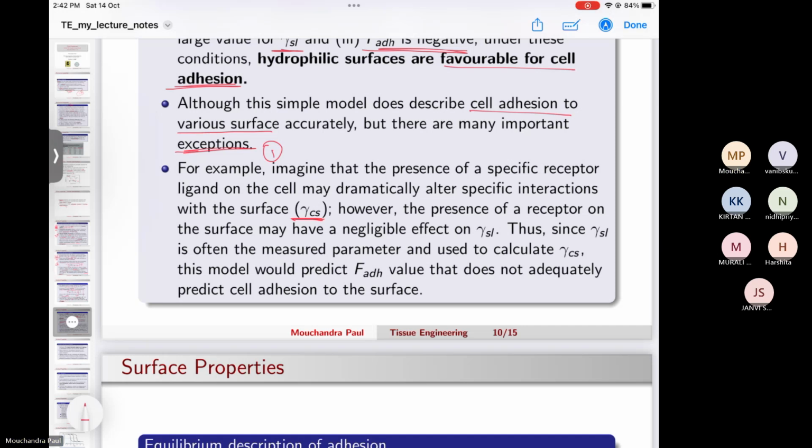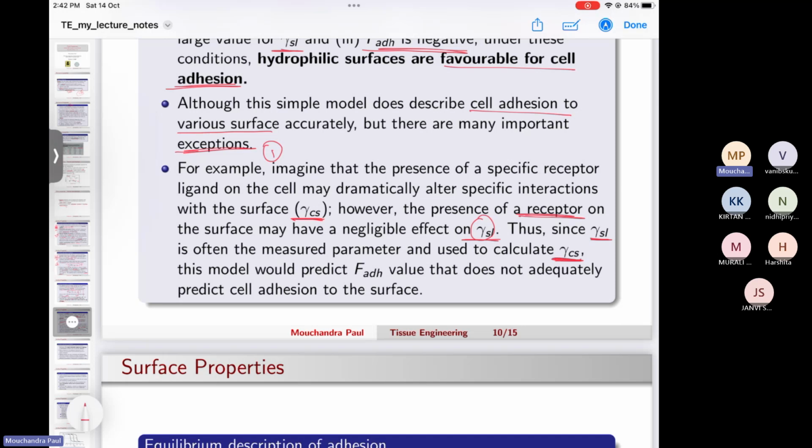The ligand is there, so some receptor will be there on the surface. The presence of this receptor, however, won't have any effect on the solid liquid interface surface tension. And when we are trying to calculate this quantity gamma CS, we need this quantity.